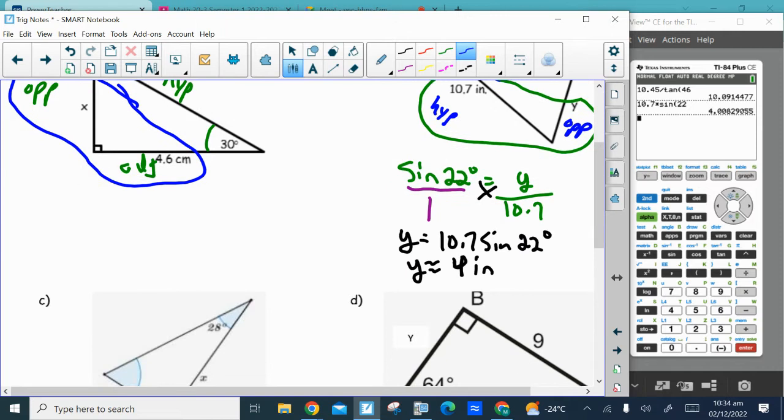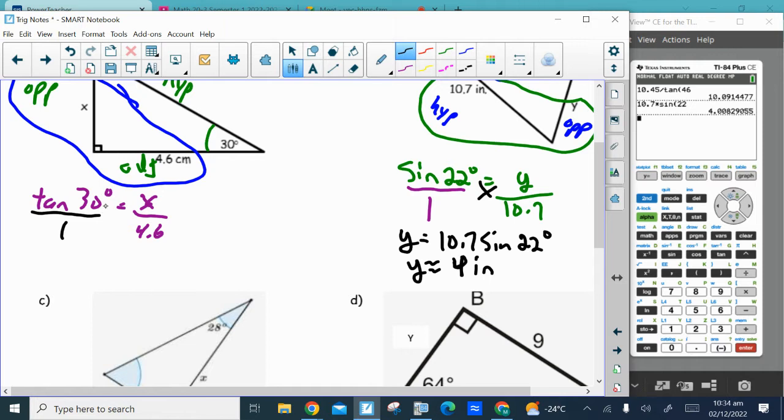So when we write our equation, we would say the tangent of our angle, which is 30 degrees, equals the opposite, which is x, has to go on top, over the adjacent on the bottom, 4.6 centimeters. Your equation must look like that. Has to be that way. You follow the order that you're given.